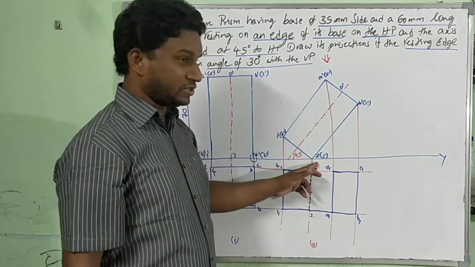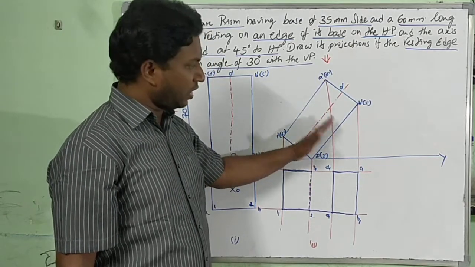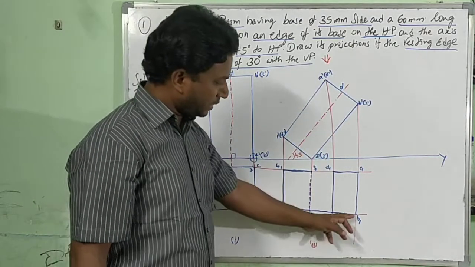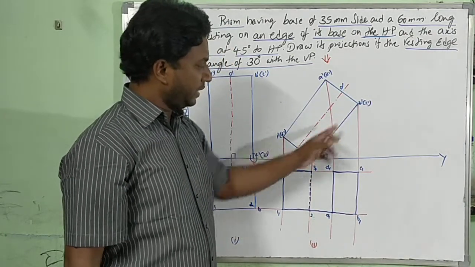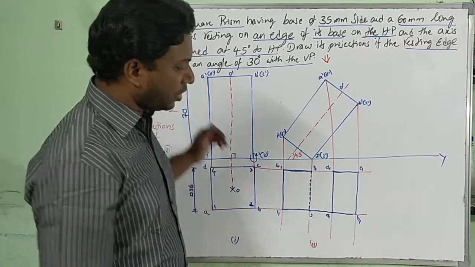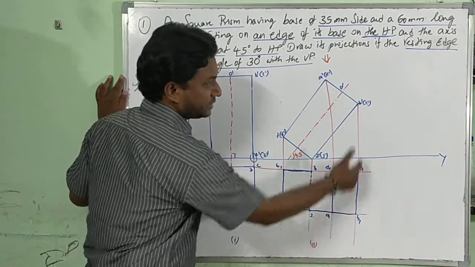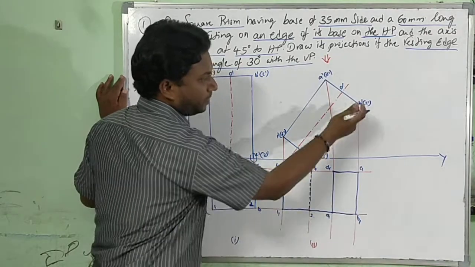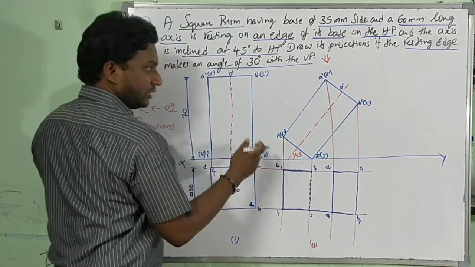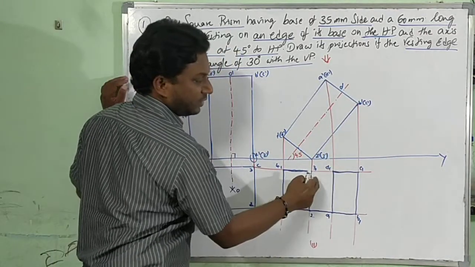B dash 2 dash. With respect to half it is bottom, it should be hidden. But B1 2 1, B dash 2 dash, B1 2 1, but it's being dominated by what? Base. It's being dominated by base. So C dash 3 dash, it is also bottom, C1 3 1.